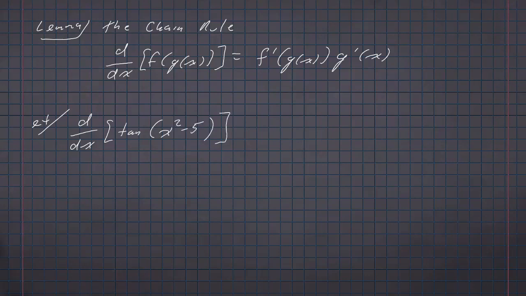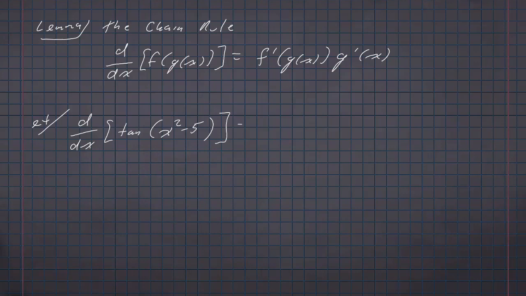So if I want to take the derivative of the tangent of x squared minus 5, well, the rule of differentiation says that I want the derivative of tangent evaluated at x squared minus 5.